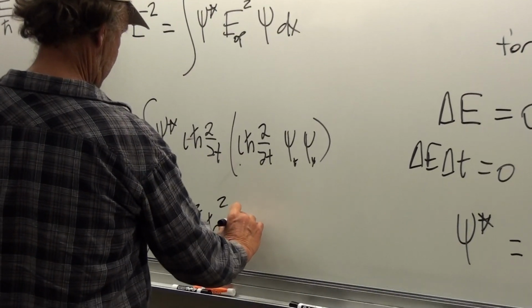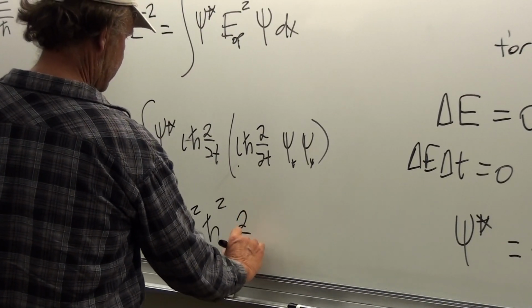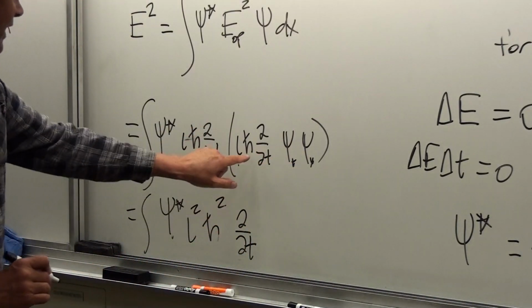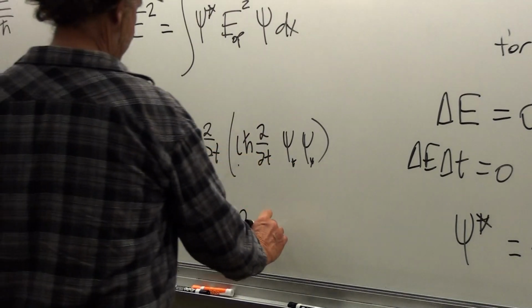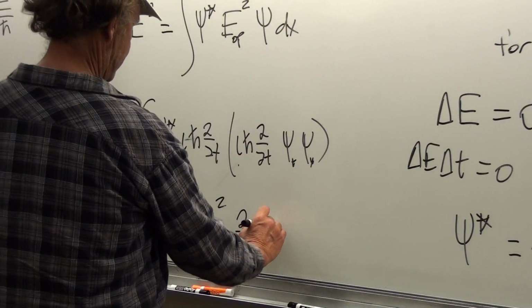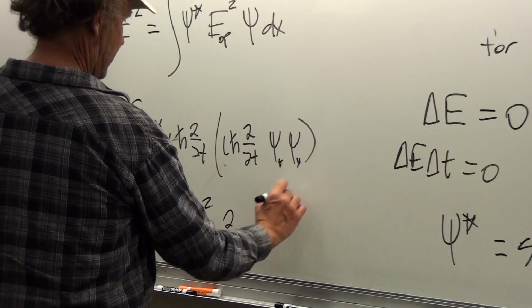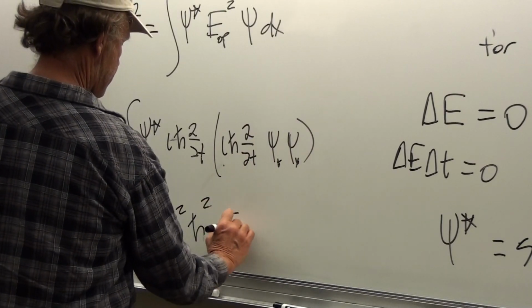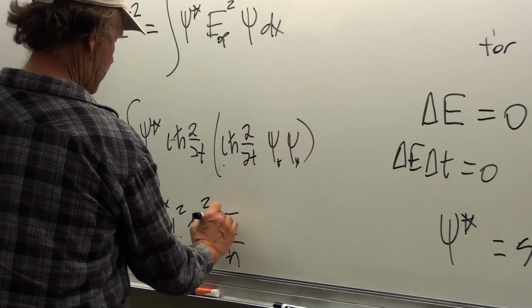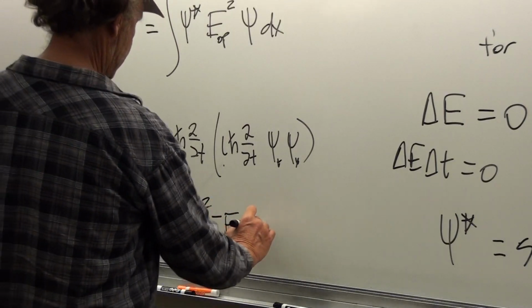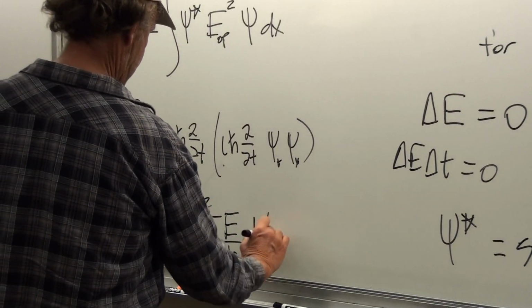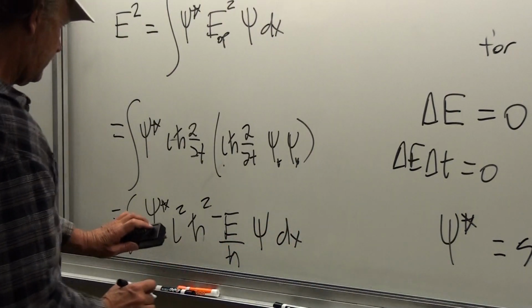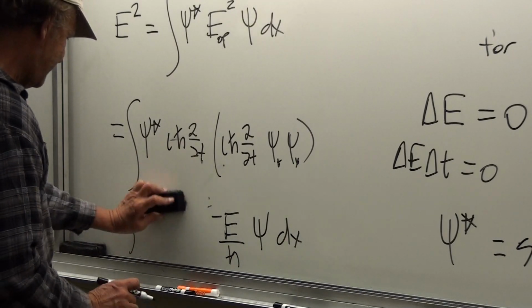It's going to be i h bar squared partial with respect to time, because we've got to do it a second time. But when we've done it the second time, we've just pulled out the i h bars, and what we end up getting here is the partial with respect to time of the energy part of this. That's going to give us E over h bar, minus E over h bar times psi back again times dx. And we have to take the partial of that one more time, sorry.